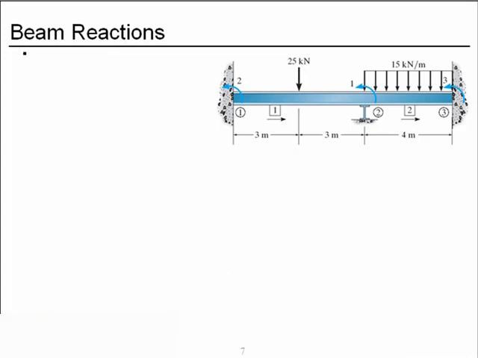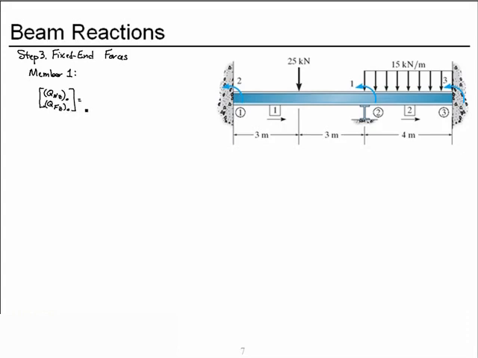Now step 3. We need to find the fixed end forces. And let's start with member 1. We have fixed end force at the near end in the z direction and the far end at the z direction, meaning moment.